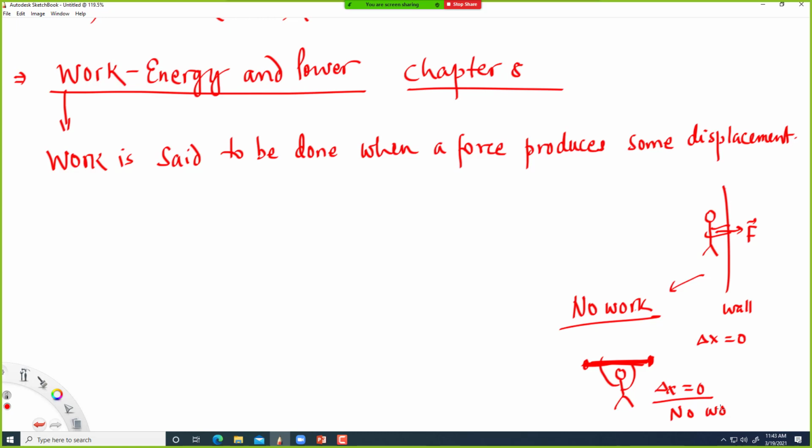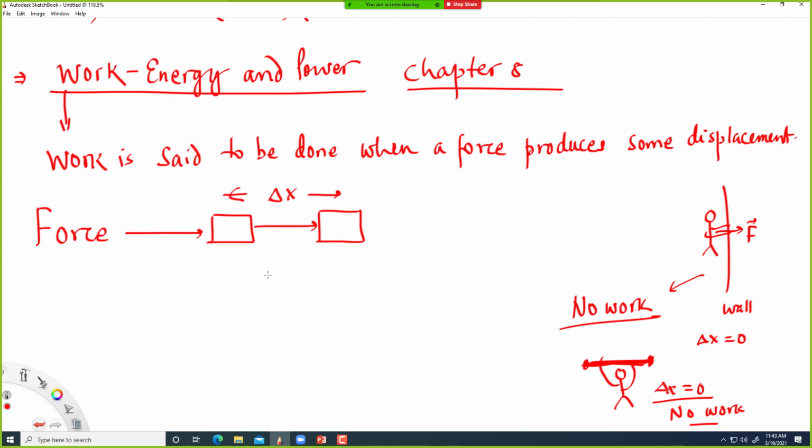So in order for work to be done, there must be force and there must be displacement. So force applied on some object, and that produces some displacement, let's say delta x.